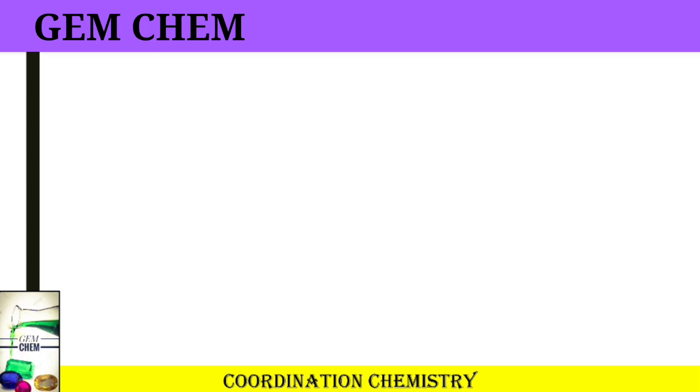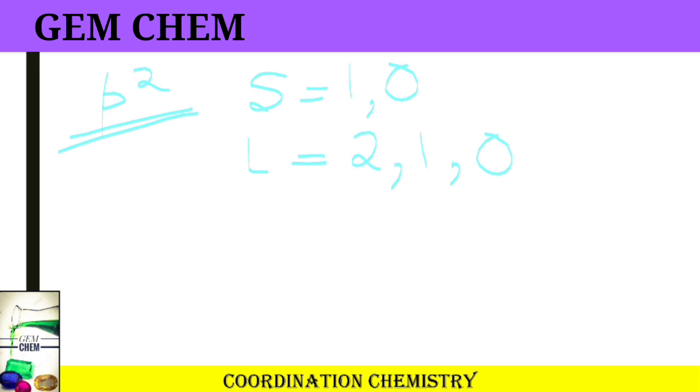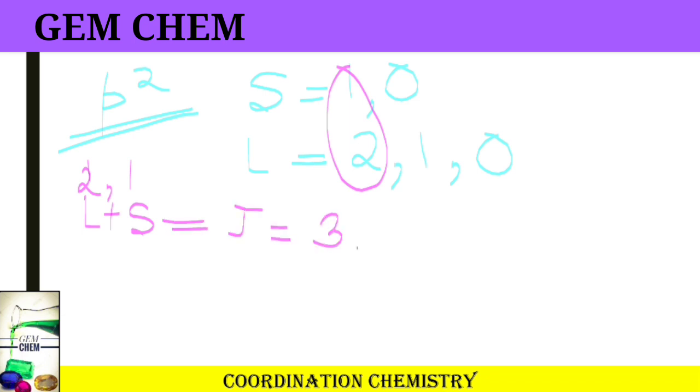So previously we had already done the P2 ones. So you have seen the P2 values of S as 1 and 0. L value you have already seen as 2, 1, 0. So first, if we try to take the value as 1 and 2, then L plus S will become J equals to 3, decrease by 1.